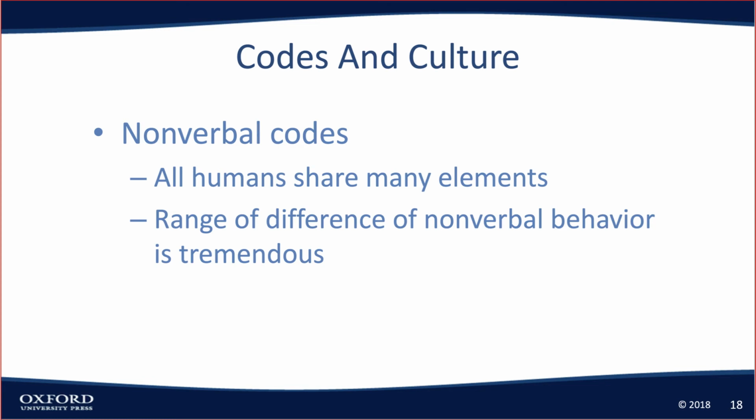They use the example of the okay sign, which in the United States means okay, it's great. In France and Belgium, it means you're worth 0. In Japan, that means money. In Greece and Turkey, it's an insulting or vulgar sexual invitation. So in Niger, where I lived for many years, in the United States, if you say to a kid, how old are you?